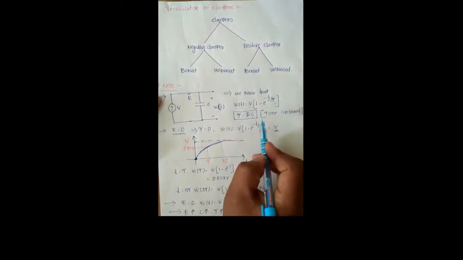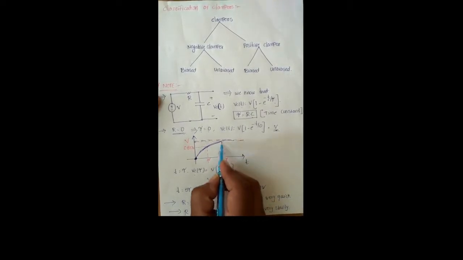At t equal to tau seconds, the voltage across the capacitor Vc of tau equals V of 1 minus e power of minus tau by tau. Then we get Vc of tau equal to 0.637 V. It means that at t equal to tau, the capacitor can store 63.7% of the input voltage.